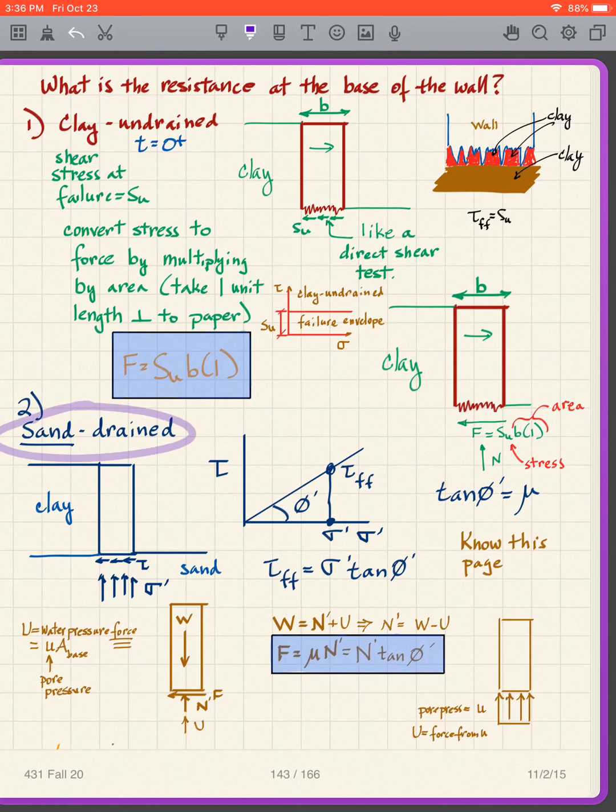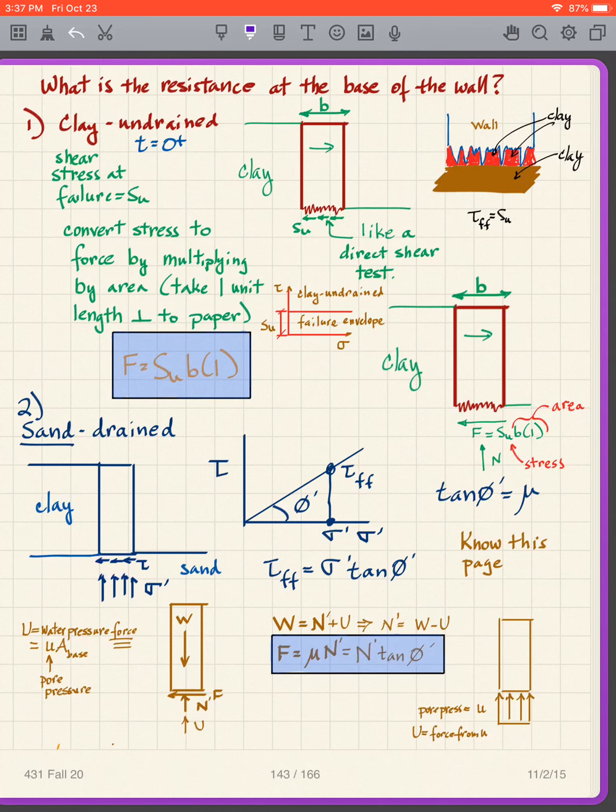For sand drained, then, how do I handle that situation? In other words, what I had before was clay next to the wall, clay below the wall. Now suppose I have sand underneath. I'm really wondering because now it's sand that is shearing here.